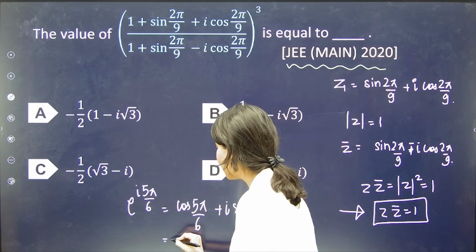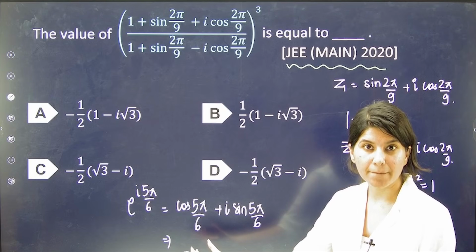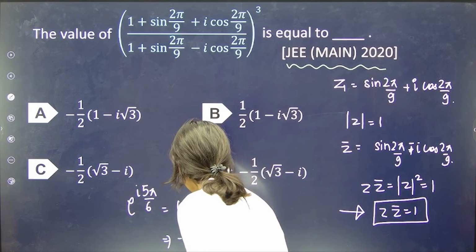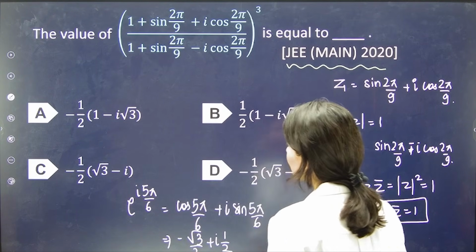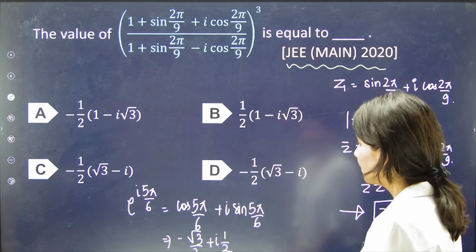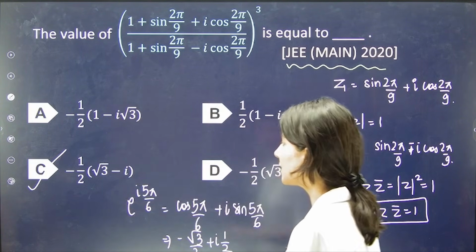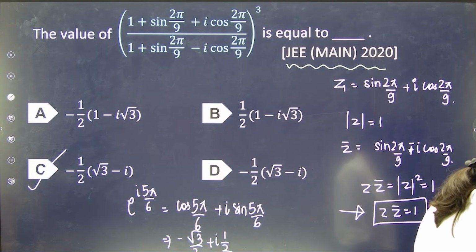Cos 5 pi by 6 is cos of pi minus pi by 6, which is minus cos pi by 6, minus root 3 by 2, plus iota times 1 by 2. Option C, minus root 3 by 2 plus iota by 2, is absolutely right.